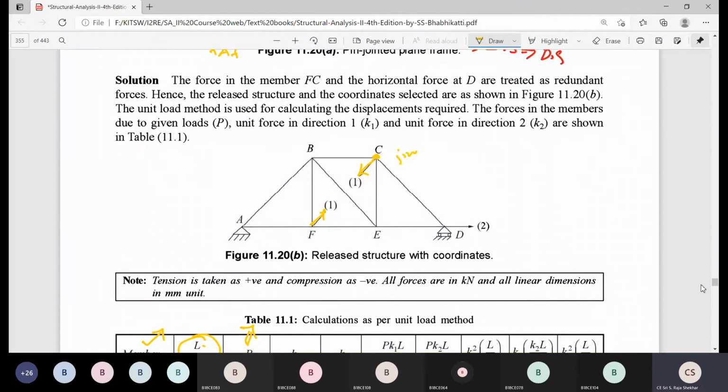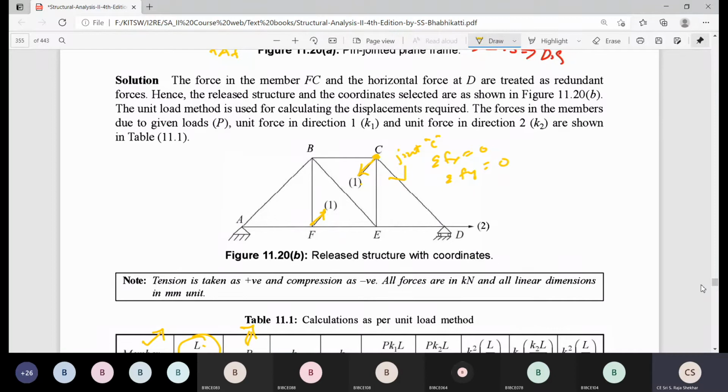Consider joint C and calculate sigma Fx is equal to 0, sigma Fy is equal to 0. You are going to get the force in the members because of the application of the unit force at coordinate direction 1: the force developed in member CD, member CE, and member CB, that you are going to get.